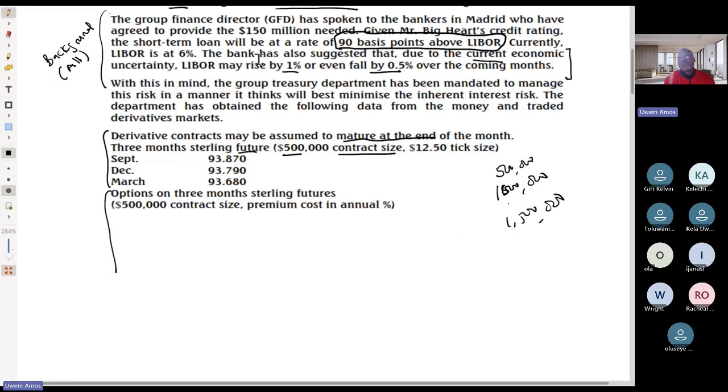So if you needed to borrow, say, 800,000, you can't buy a futures for exactly 800,000. You would need to buy for either 500, and then maybe the other balance of 300,000 you protect with FRA or something else, or you buy 1 million. That's just a concept to know, really. We're going to look at it with an exam question. Very important to note that second concept as well.